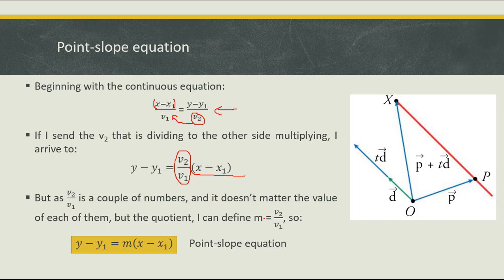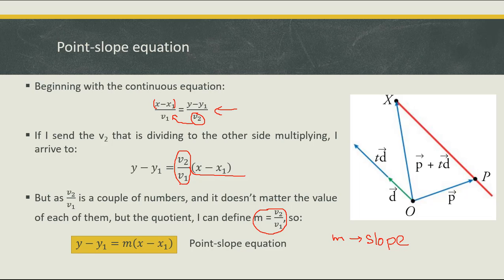And this quotient I'm going to define as m. M, I forgot to write in the slide. M is going to be called slope. And once I have the direction vector, I can calculate the slope as the y coordinate of the vector divided by the x coordinate of the vector.